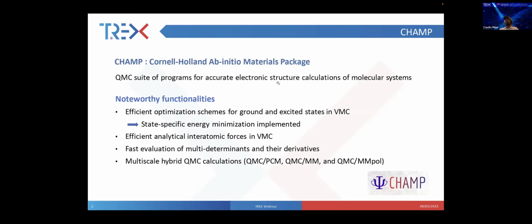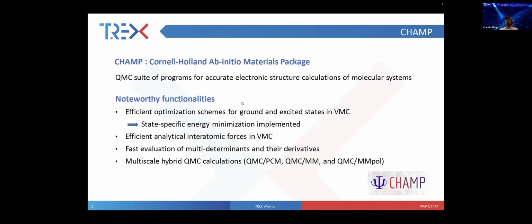CHAMP specializes in a variety of features. To mention a few, we have efficient optimization scheme for ground and excited states in VMC. We have recently implemented a state-specific energy minimization in VMC, and Stu will be elaborating more on this later in this webinar. Also, we have efficient analytical interatomic forces in VMC.